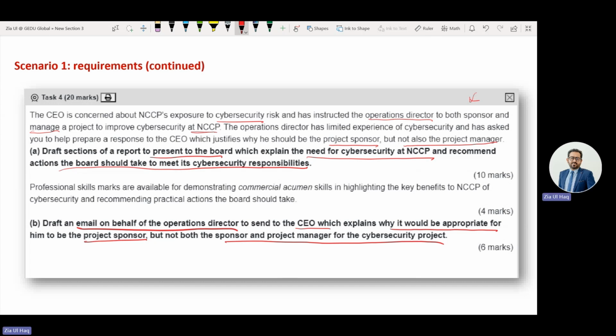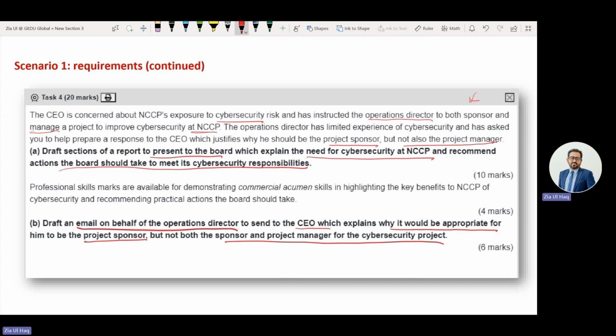But this is a more general paper. The scenario was a bit long. There were 8 exhibits. But the longer the scenario, the simpler the requirement will be. With a small scenario and less data, it's difficult to tackle the requirement.